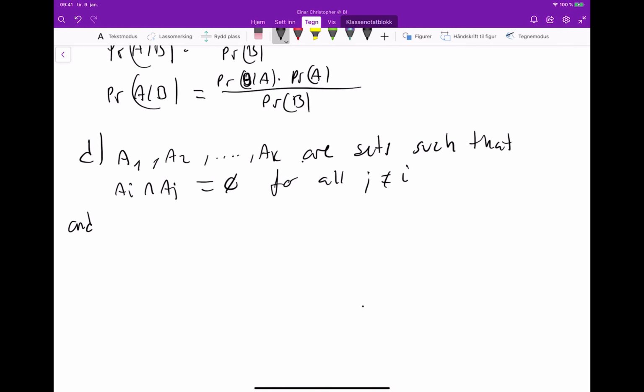And that A1 union A2 union dot dot dot union AK minus 1 union AK is equal omega. So if we sum over all these A's, we got the total sample space.